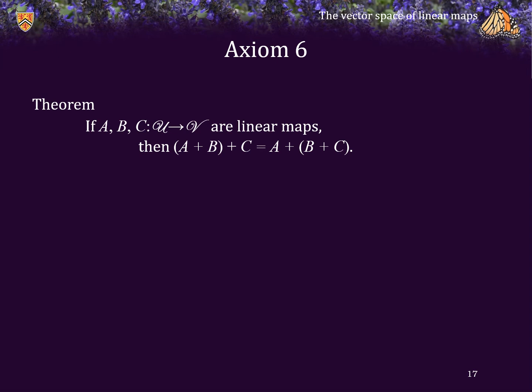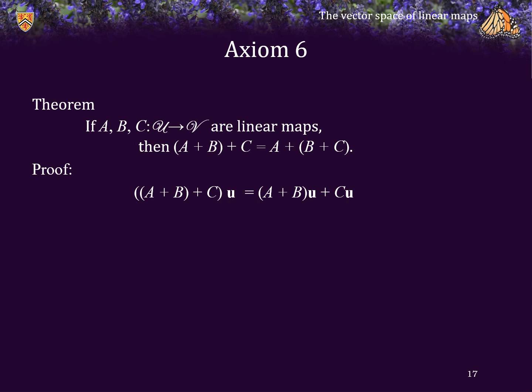Theorem. If A, B, and C map the same vector space U onto the same vector space V, if they are all linear maps, then associativity applies. Let's prove this. Well, let's apply this to a vector U. Well, by definition, we have a sum of two linear maps plus another linear map.